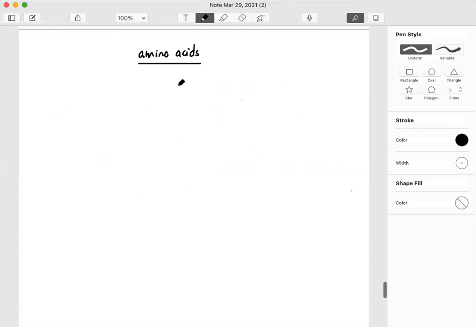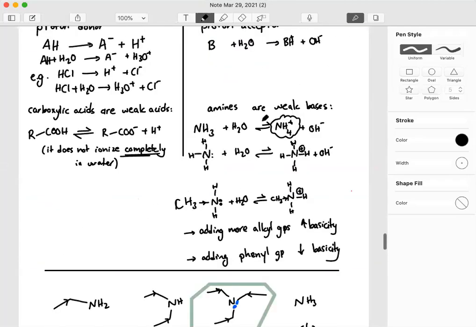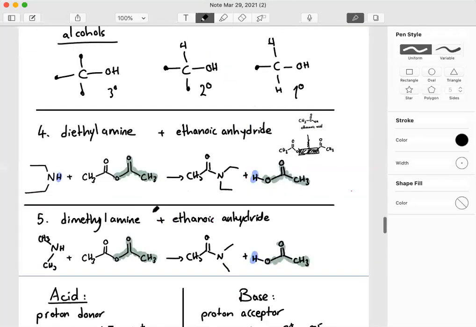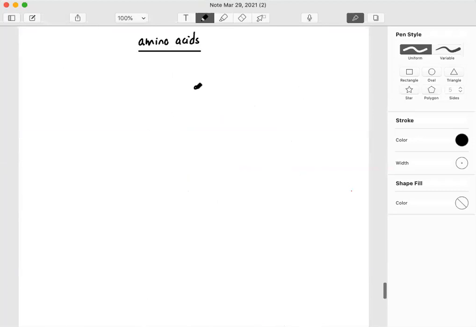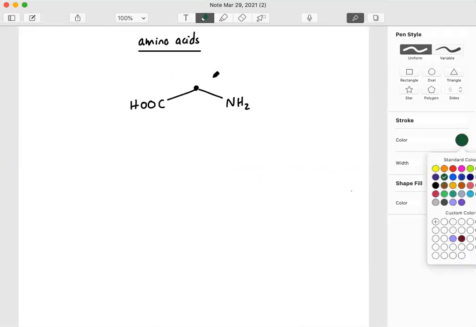طيب أمينو اسيدز، يعني إيه أمينو اسيد؟ احنا خدنا الأمينز لوحدهم اللي هم الحاجات اللي فيهم نيتروجين، وخدنا الاسيدز لوحدهم اللي هم الكربوكسيليك اسيد. دلوقتي عايزين نتكلم في حاجة فيها الاثنين، أمين وفي نفس الوقت اسيد. طيب الأمينو اسيدز بيبقى فيهم حاجتين بس كمان، بيبقى عندنا H هيدروجين لازم تبقى موجودة، وعندنا R group.